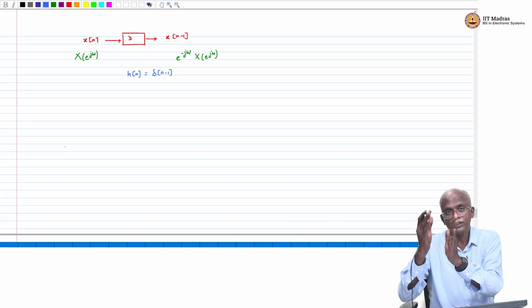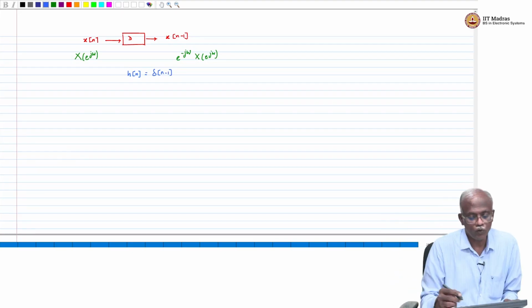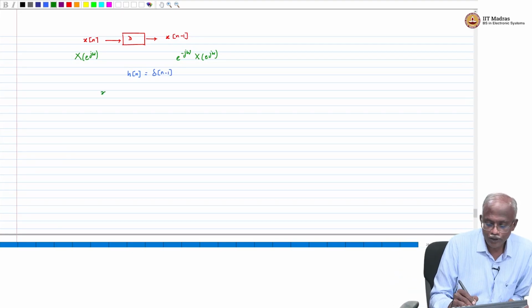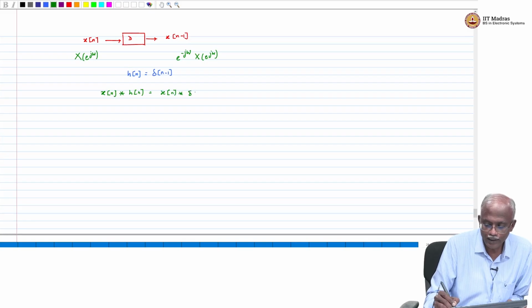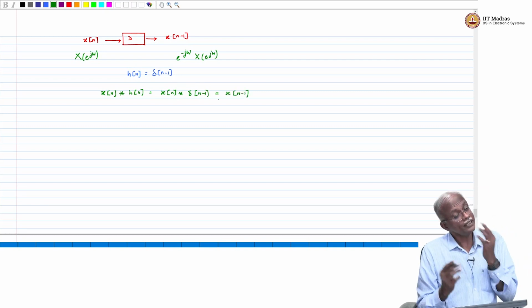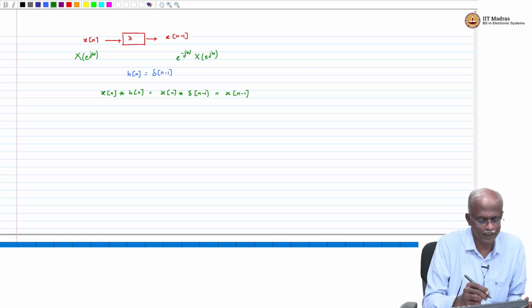The delta occurs not at n equal to 0, it occurs at n equal to 1. Why is this true? Because x of n convolved with h of n is the same as x of n convolved with delta of n minus 1, which will give you x of n minus 1. Correct? That is what we got from the time domain expression.